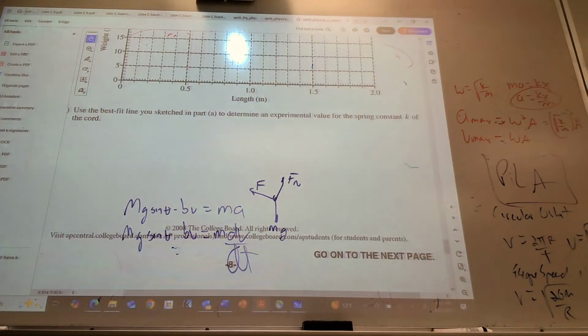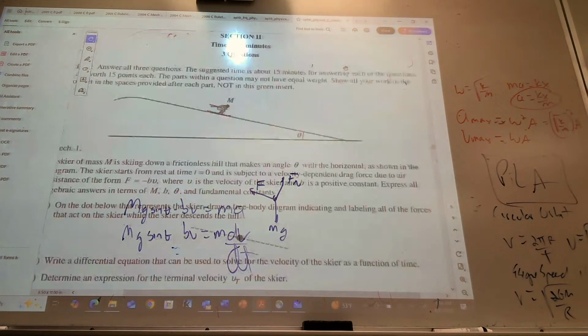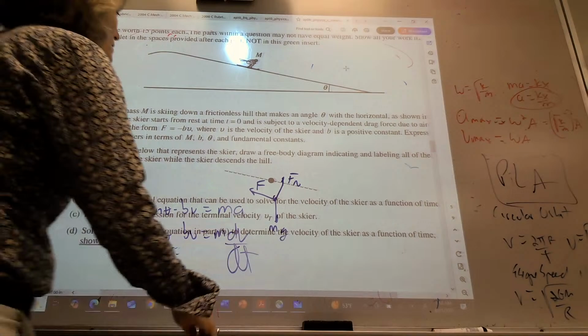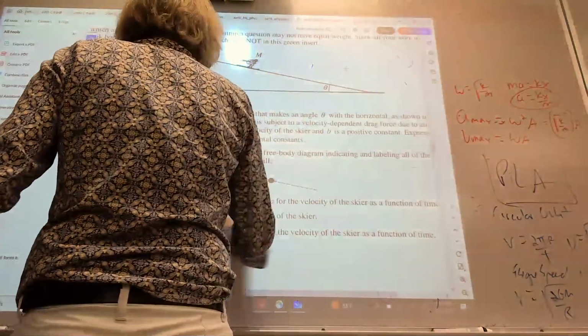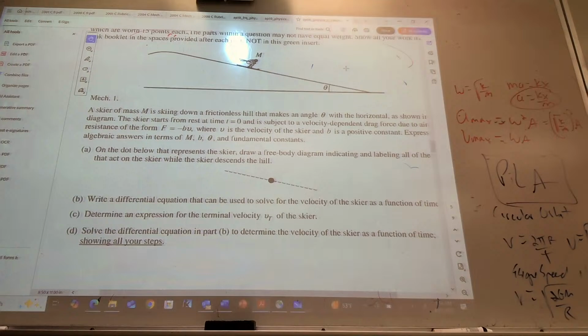Isolate your velocity in the equation. After you do that, go to the calculus.